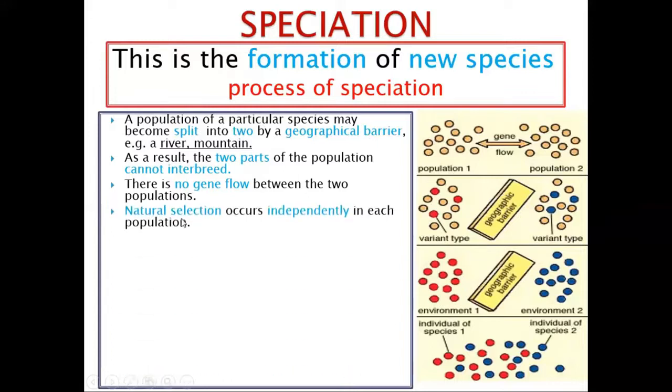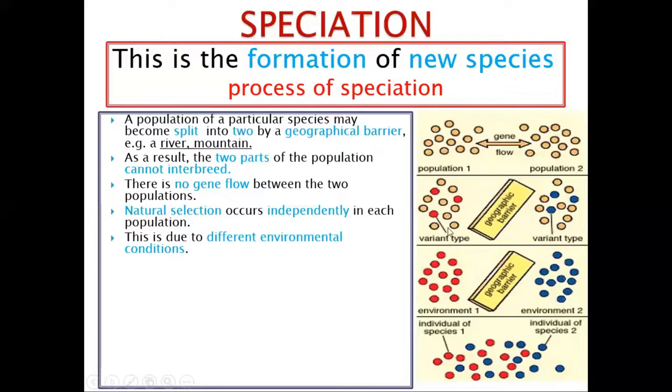And then natural selection occurs independently. Because of the different environmental conditions on this side and different environmental conditions on this side, natural selection will occur differently. So this is due to different environmental conditions.